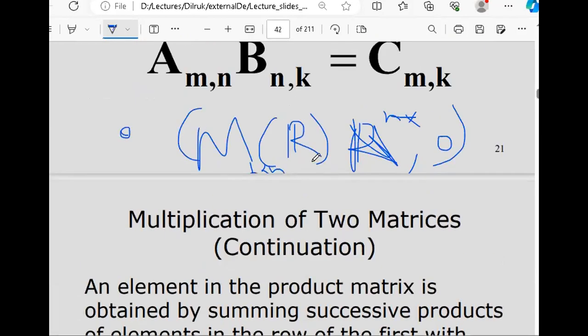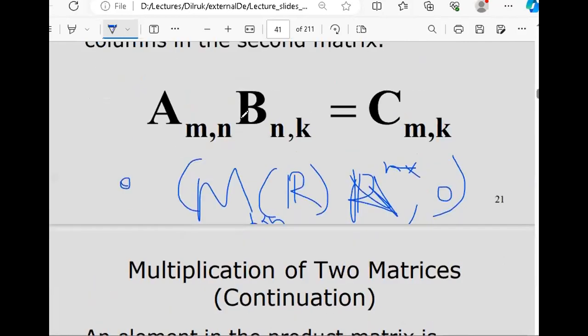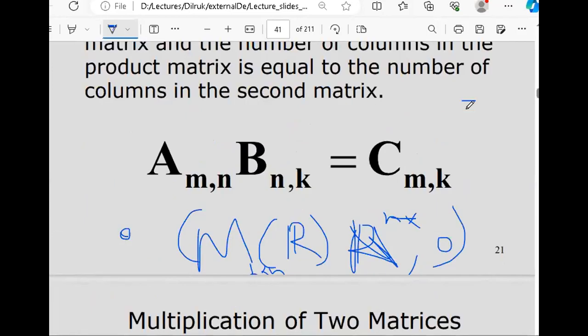If it is a group, we know that the identity is the identity matrix. If you select any non-zero matrix, it has an inverse.